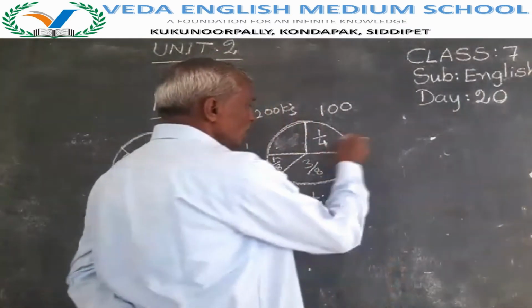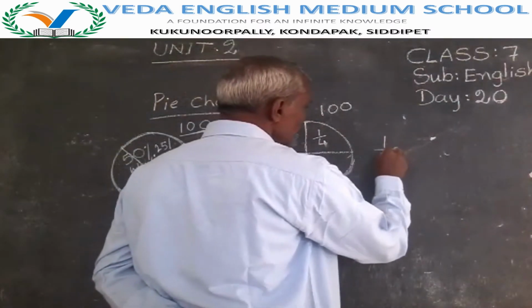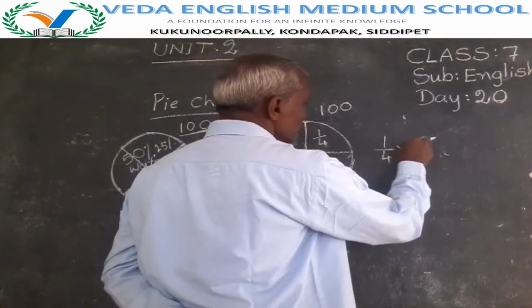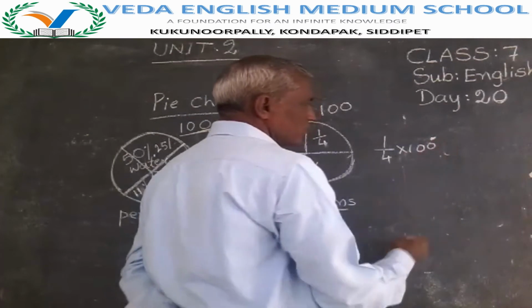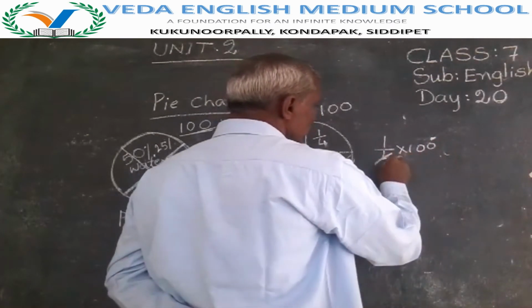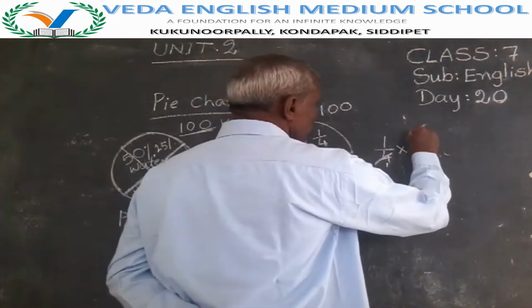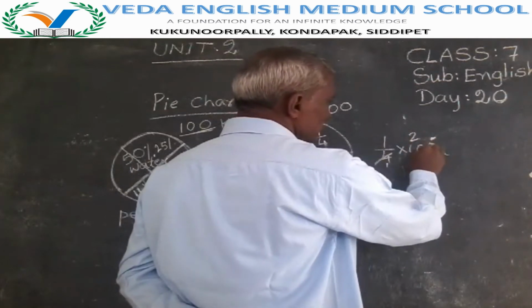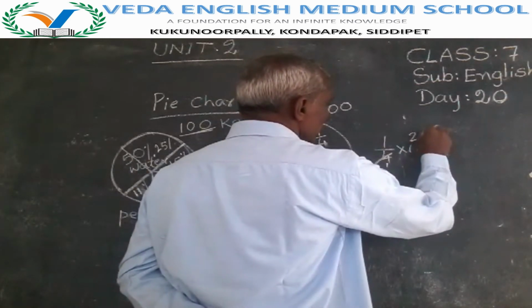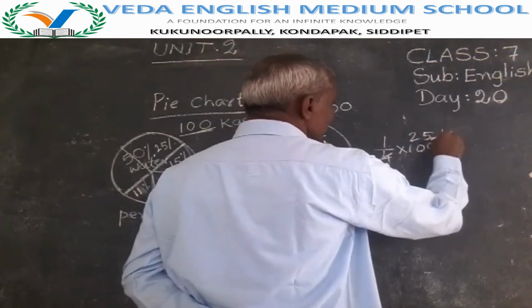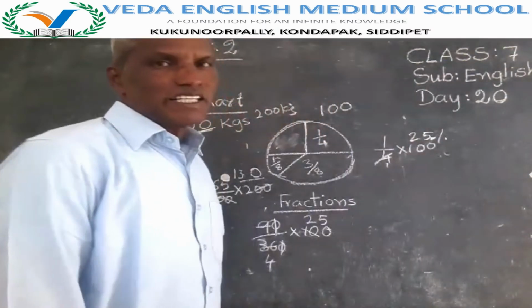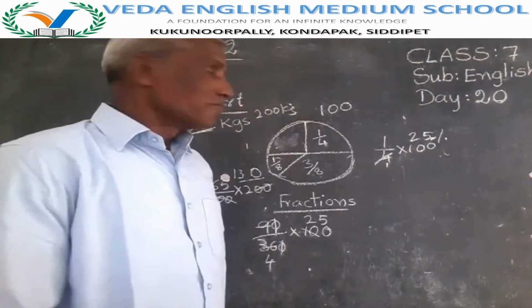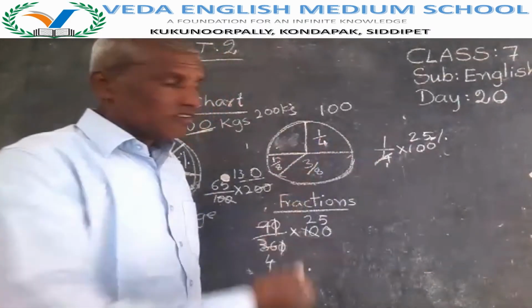What is 1/4? 1/4 means 1/4 into 100. That means what? 4 ones are 4, 4 twos are 8, 2 remains, and 25. Now this is 25%. Okay, 25% or 1/4.